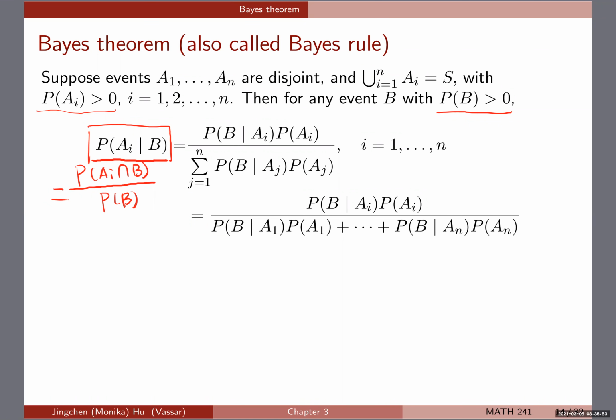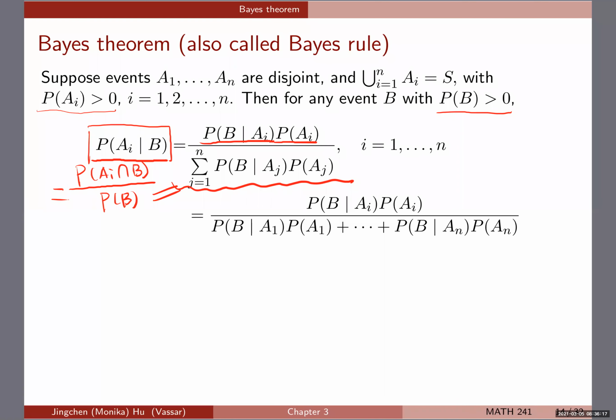Suppose we know P(Ai). Since it's a partition, it's likely that we do know the probability of Ai, and it's also likely that we know the conditional of B given Ai. And the bottom, if you remember from the law of total probability, is the law of total probability to get P(B).